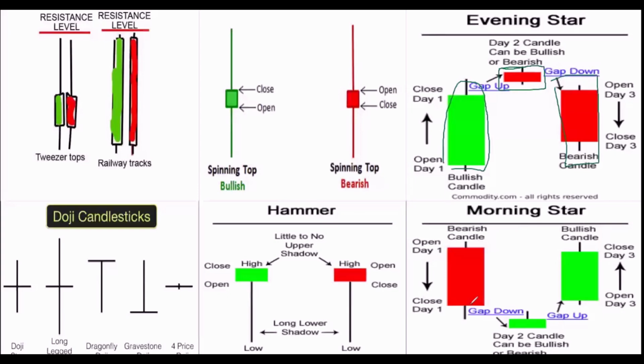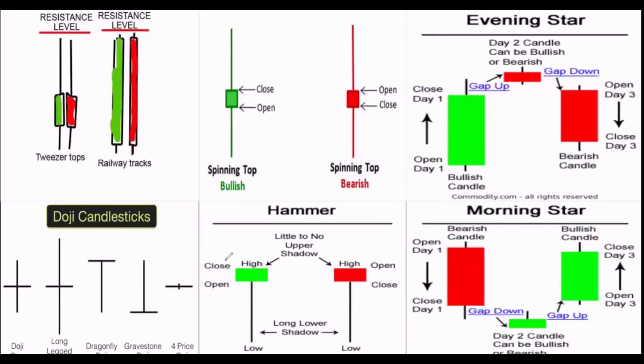The same thing for a morning star, it's just the opposite. We have a nice bearish candle to the downside, then a small little hammer doji, small body, and then a nice bullish candle closing above it. That's a morning star and evening star.